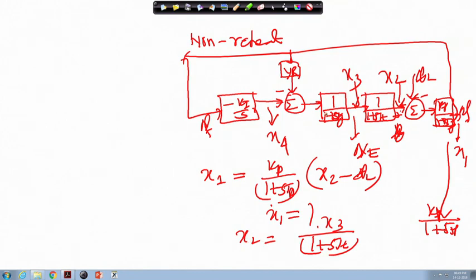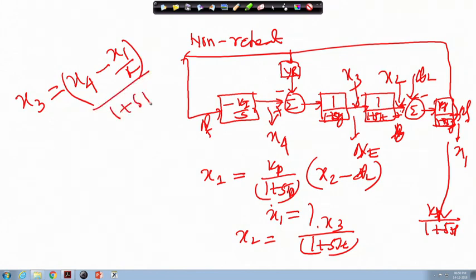And similarly for x3, I am writing here: x3 will be equal to x4, because this one we have taken as a state variable, minus x1 by R, divided by 1 plus sTg. Cross multiply and find out what x3 dot is, and here also what x2 dot is. This way you have to take.